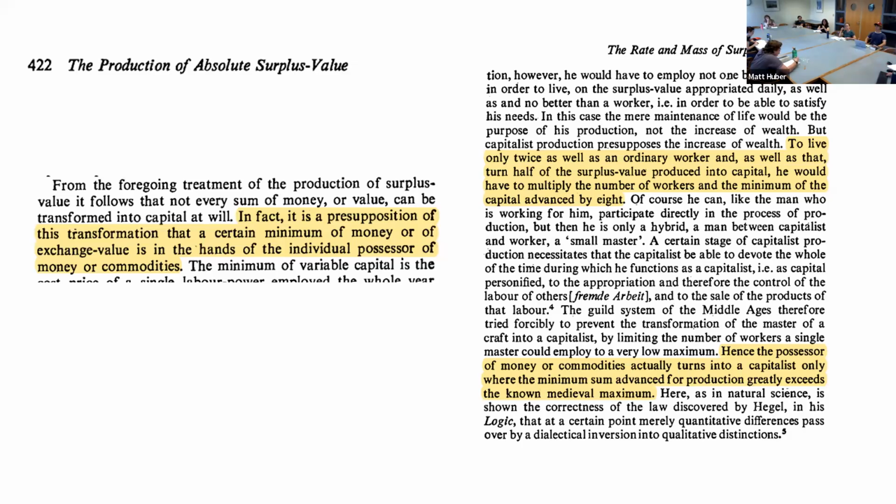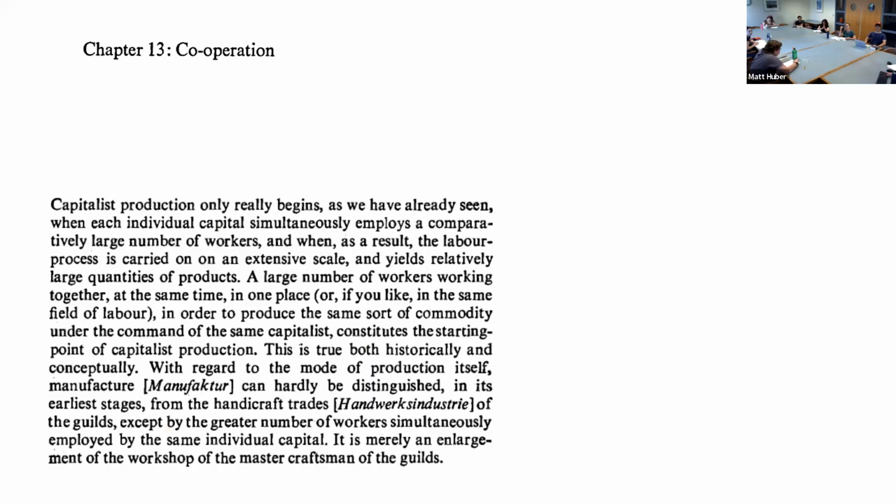And so I think that's actually what he's talking about when he says, as we've already seen. He's trying to say, in chapter 11, I laid out that for capital to be capital, it needs a certain minimum mass of capital to invest. And he extends that idea to one capitalist employing a relatively large number of workers in one spot, right?